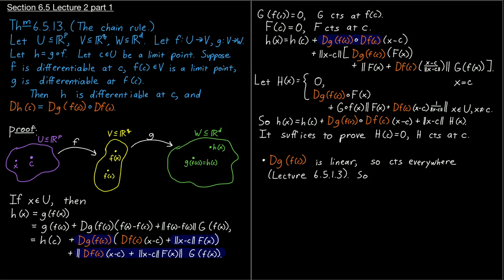So if you compose this linear thing, it is continuous at c. That's because big F by assumption is continuous at c. And if you compose two continuous functions, then you get something continuous, that is by proposition from section 5.4.